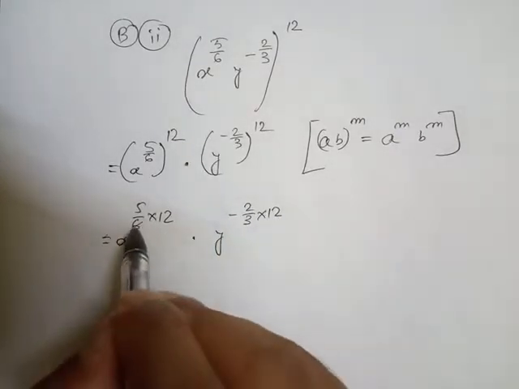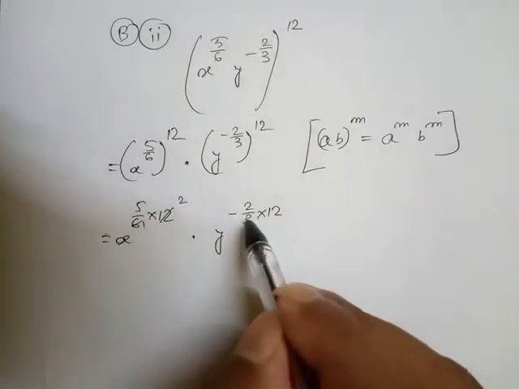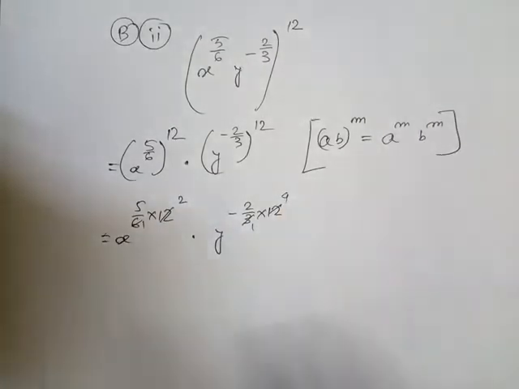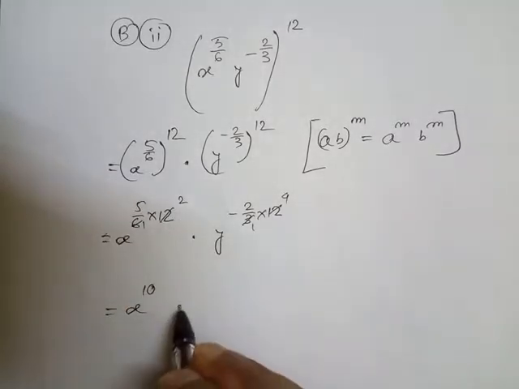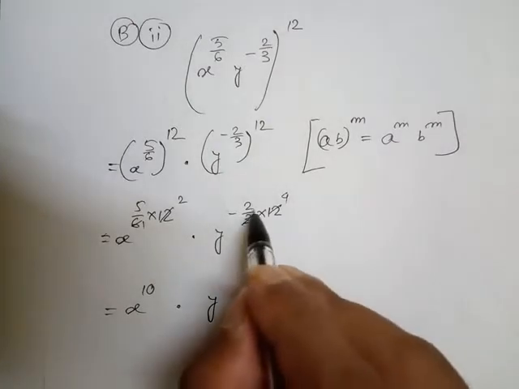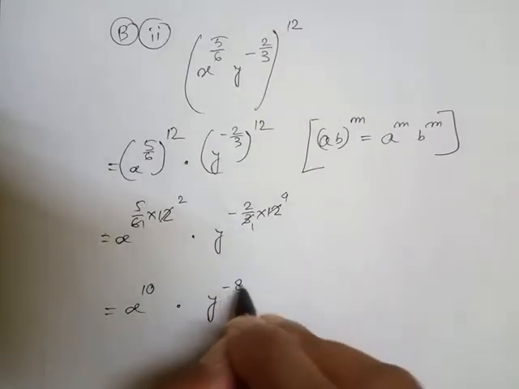Now look, 6 ones are 6 twos are 12, 3 ones are 3 fours are 12. So next step would be x to the power 5 twos are 10 dot y to the power, there is 4 twos are 8, minus 8.